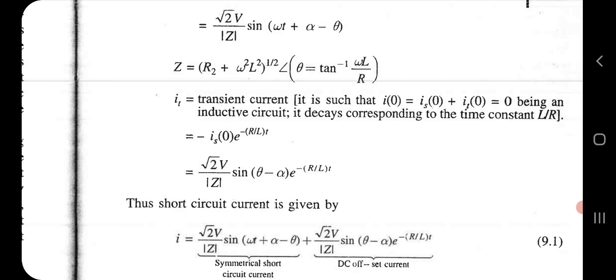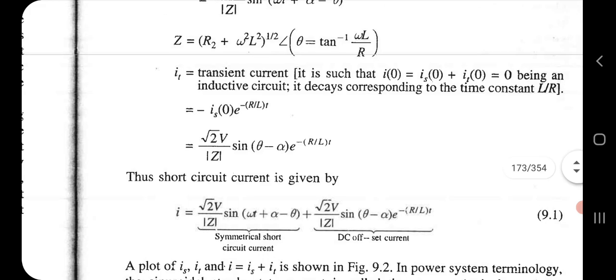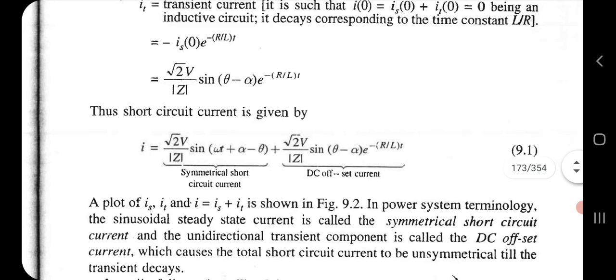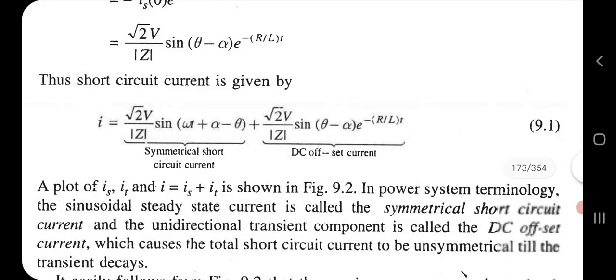It decreases down, and we get one formula: the short circuit current, given by a formula which consists of two things. One is the symmetric short circuit current, and the other is the DC offset current.